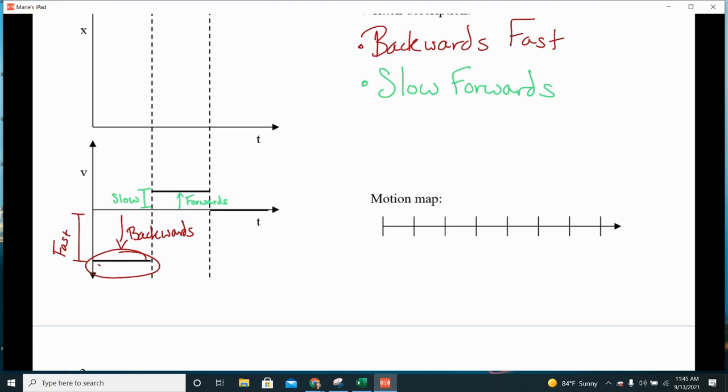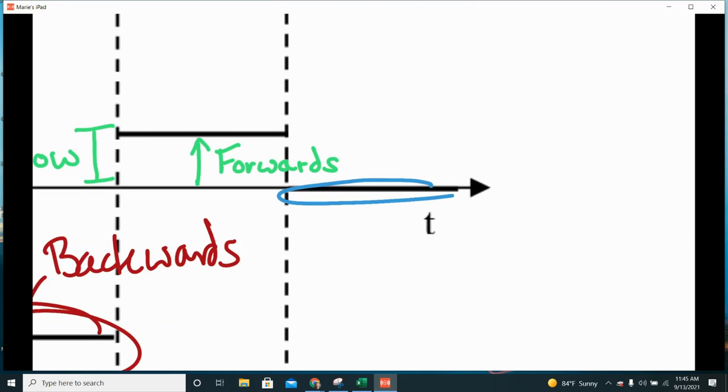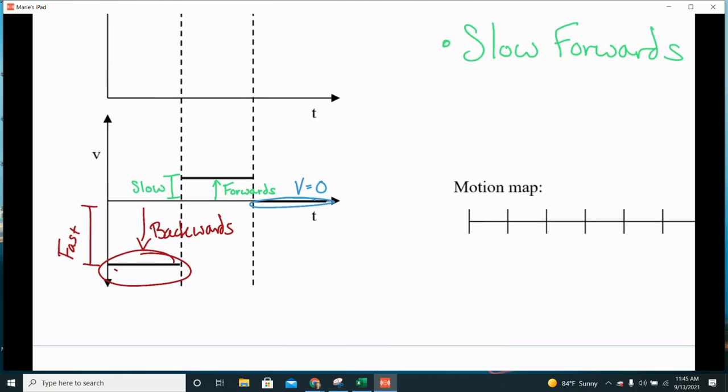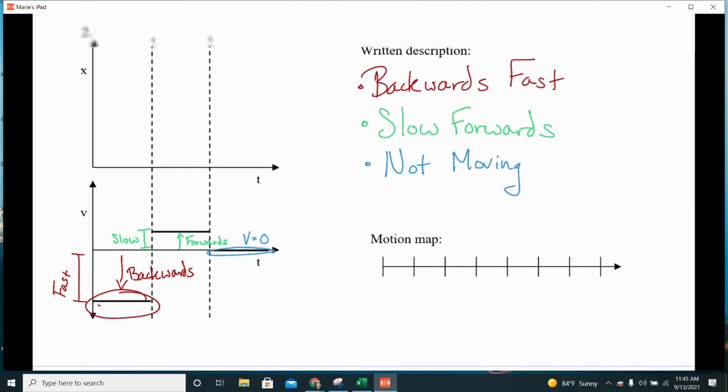And for the last part here, now I'm on the horizontal axis, so that means my velocity is 0. So that means I'm not moving. But I have no idea where I was.